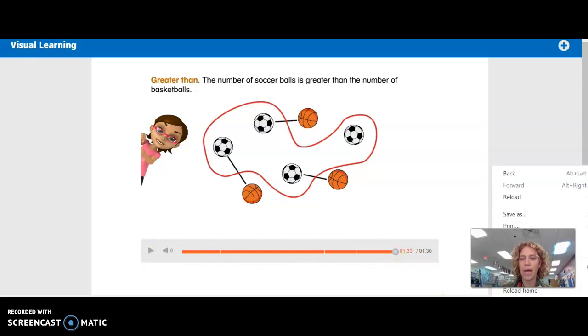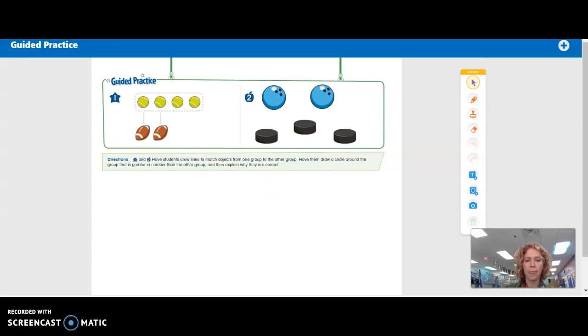Let's go to our next slide. Oops, that wasn't right. Hold on. There we go. Now this is on your sheet also, boys and girls. So we're going to figure out which group has a greater amount. The first thing we need to do is match them up. I'm going to get my pencil, and you have your pencil, and we're going to match tennis balls to footballs.